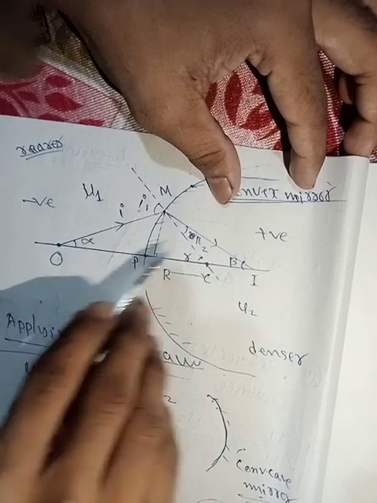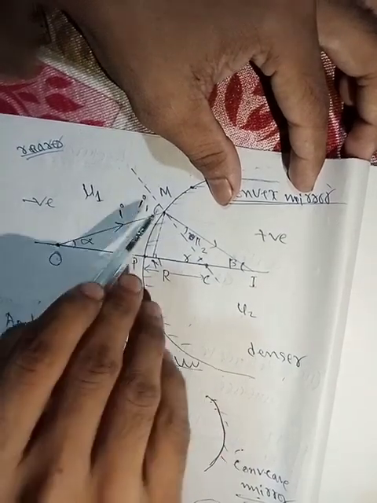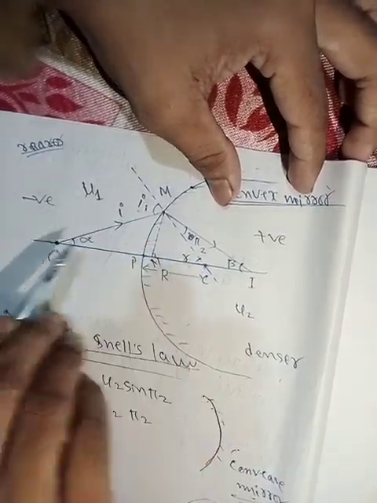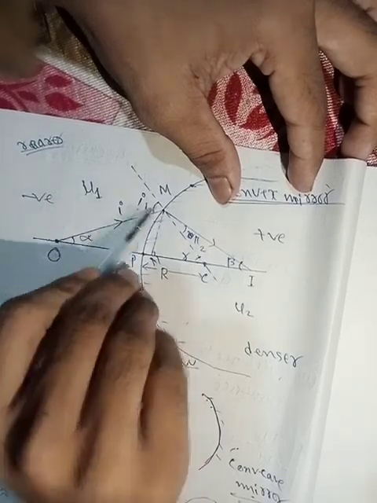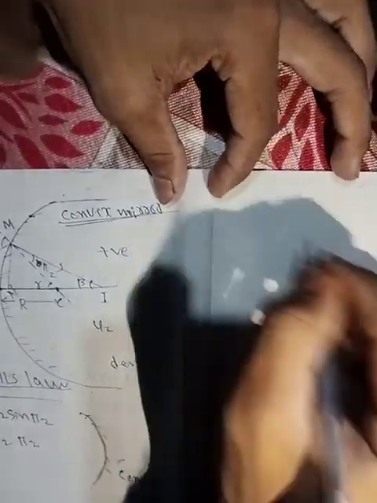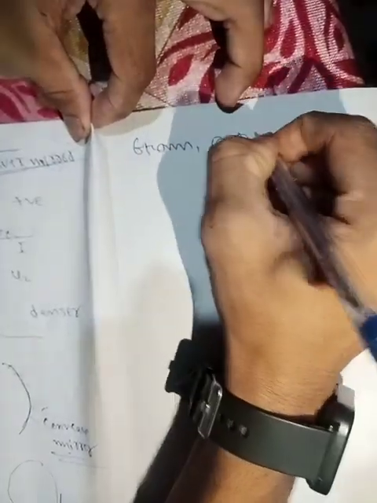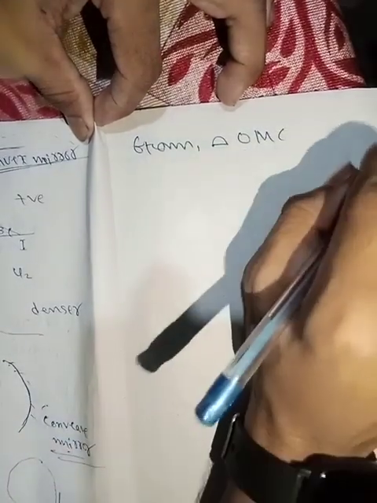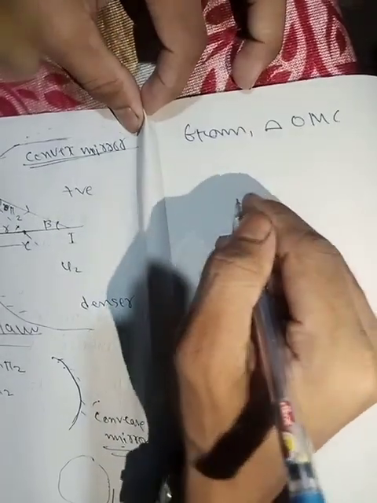This is a triangle. From triangle OMC, we can write.